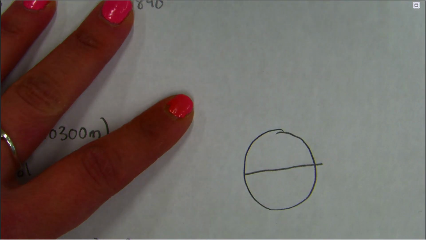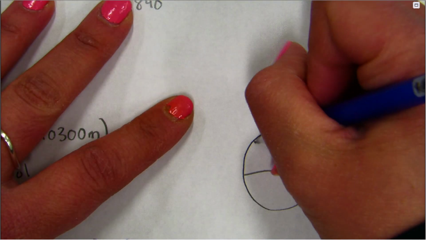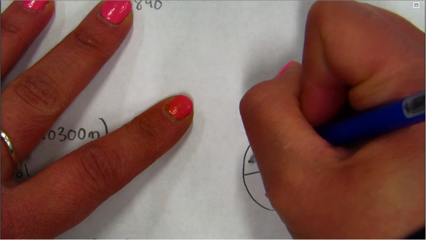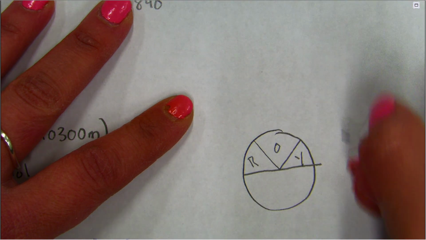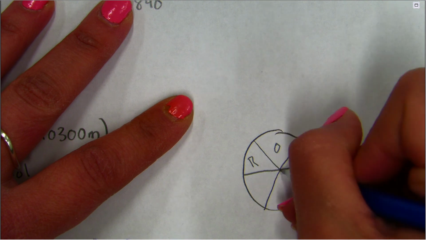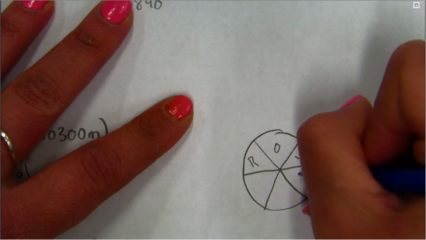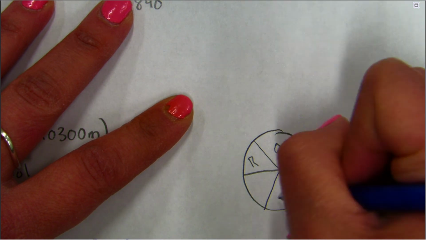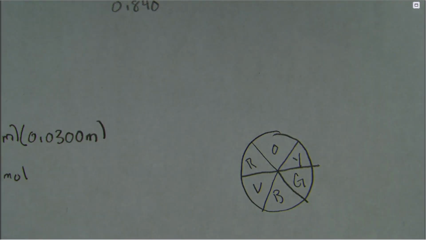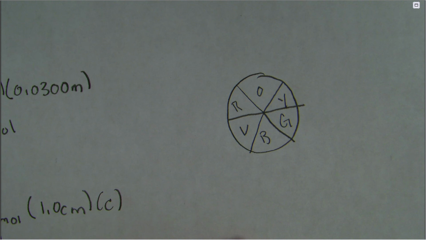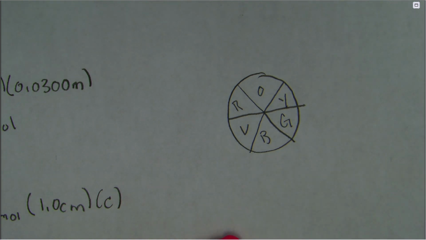In our color wheel, we have red, orange, yellow, green, blue, and violet. So again, remember the color you see is what is reflected. Everything else is being absorbed.